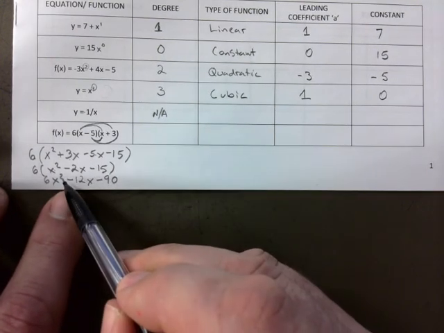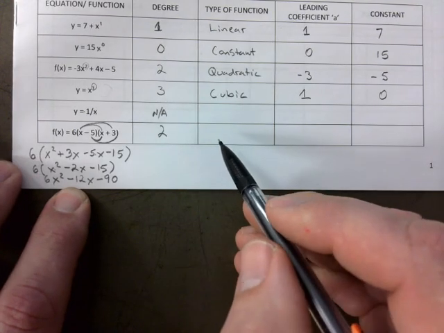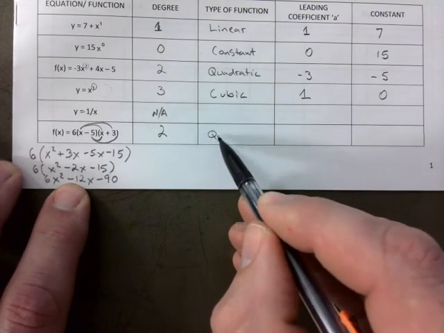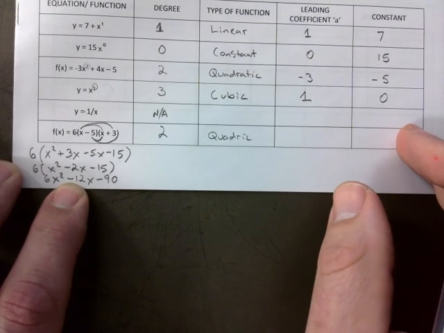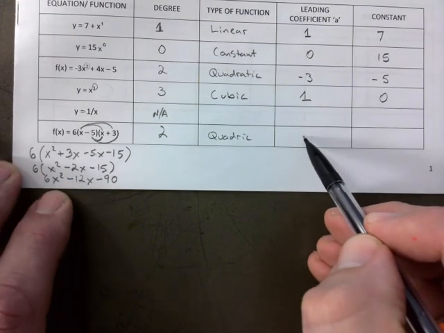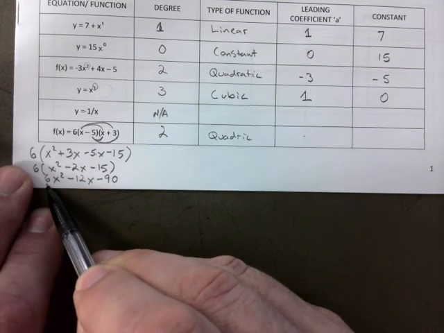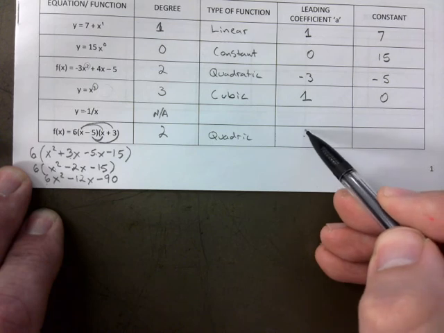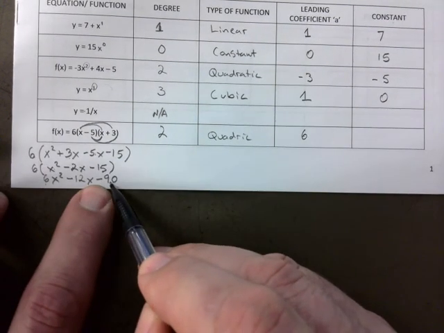So what's the degree of this function? Dos, right? 2. And it's a quadratic. As soon as you have a power of 2, it's a quadratic. The leading coefficient is in front of the highest power of x, which is 6. And the constant in this case is negative 90.